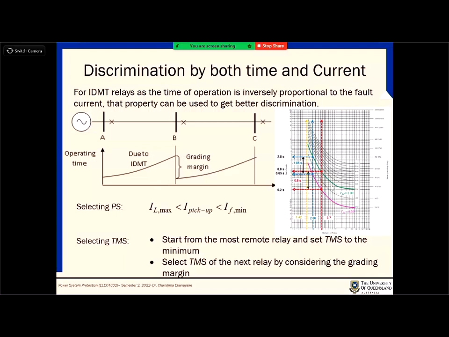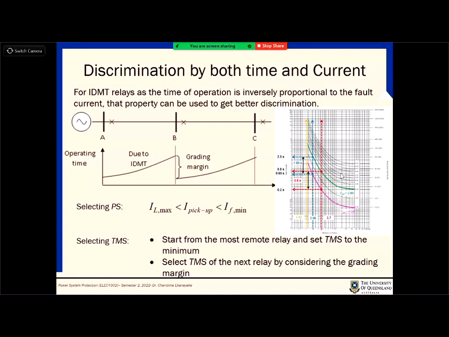In these sorts of scenarios, usually the problem is where should I start on these curves? Which curve should be the first curve that I need to consider? Typically, the relay furthest away from the source will use the lowest curve, and then you start from there and go up one level at a time.